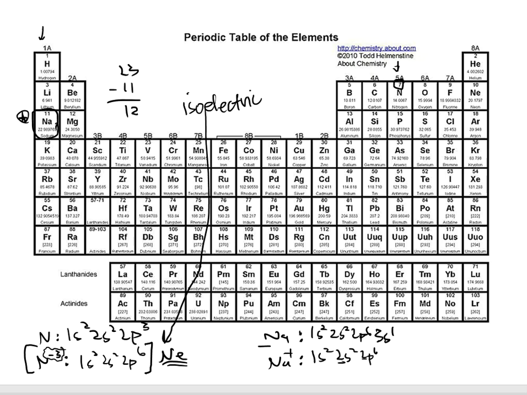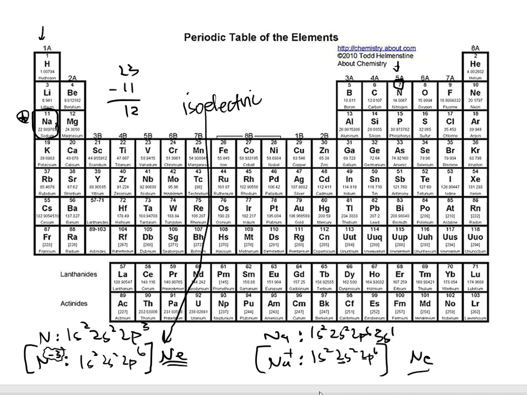Sodium plus, this is not its normal electron configuration, right? This is a charged atom. It changed the electron configuration for that reason. So what is it isoelectronic to? Well, 1s2, 2s2, 2p6. What would that be? Well, there's 1s2, hydrogen, helium, 2s2, lithium, beryllium, and 2p6, boron, carbon, nitrogen, oxygen, fluorine, neon.